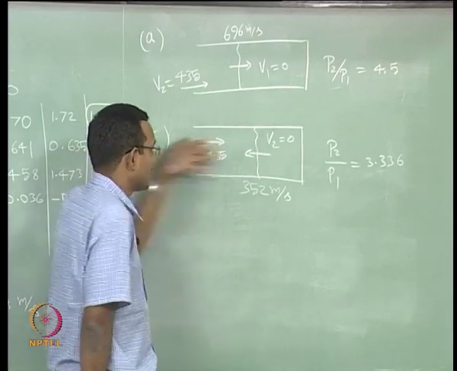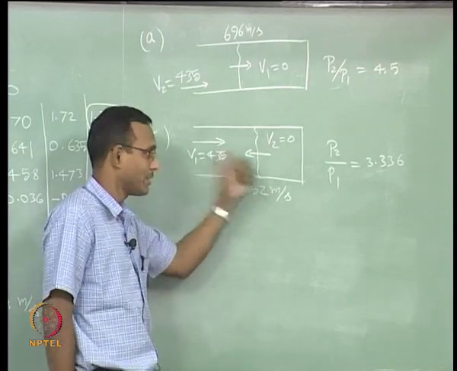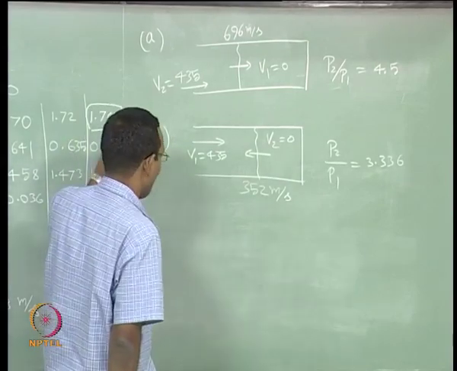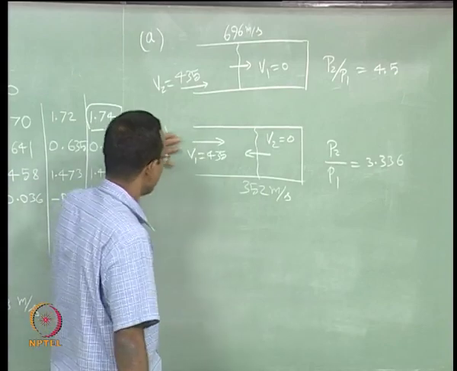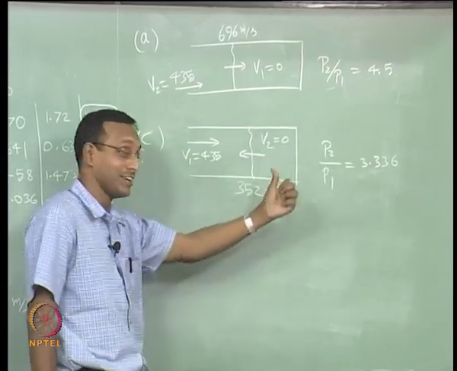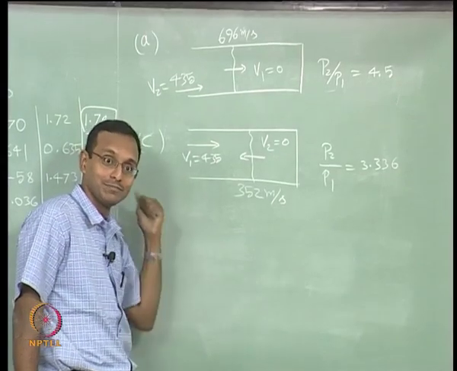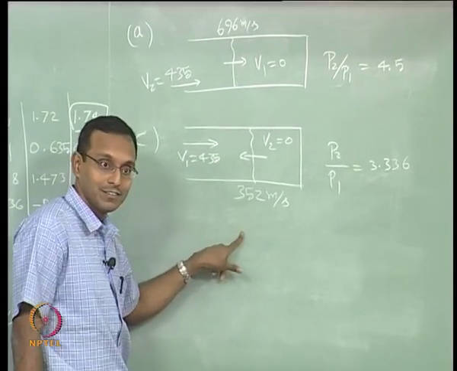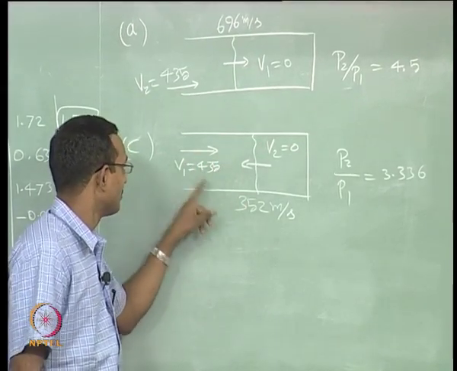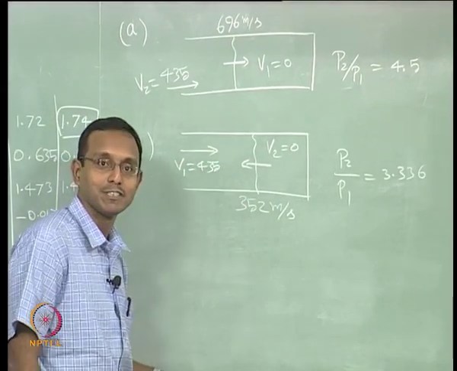The fluid is going this way, but still the wave is going this way. It is like a treadmill, no? The belt is going this way with 435 meter per second, and the person running on it is running this way for 352 with respect to an outsider, which means he is actually running at the total velocity added by these two, which is 787 meter per second.